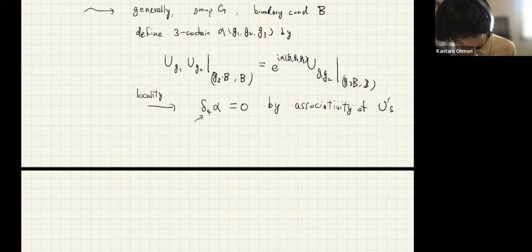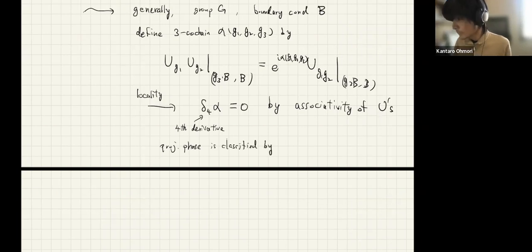So this is the fourth derivative. And the projective phase is classified by H^3(G), the third cohomology group.